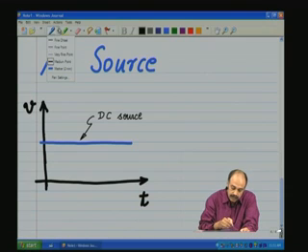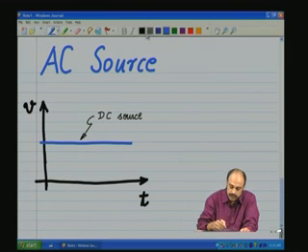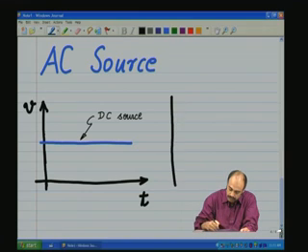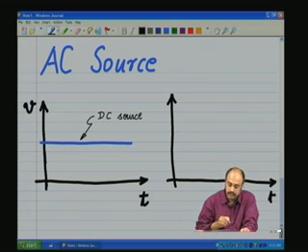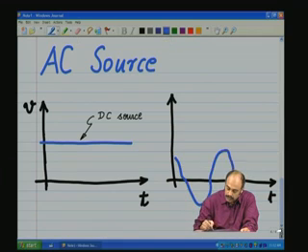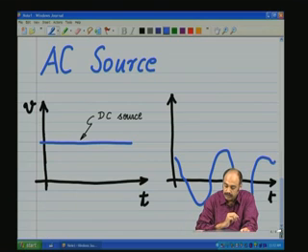But if you take the case of an AC source, the AC source with respect to time t, the waveform need not be a constant, but it could be varying in some arbitrary fashion.